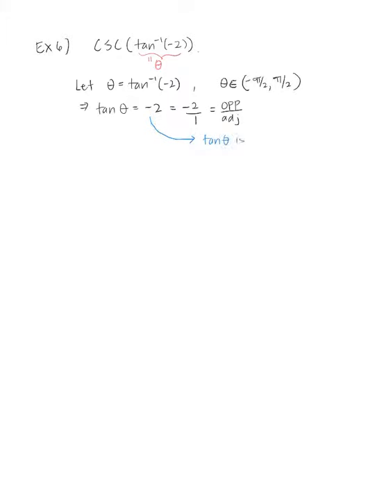Tan of theta is negative in, so let's picture this. Tangent is negative in where? Quadrant 2 and quadrant 4.